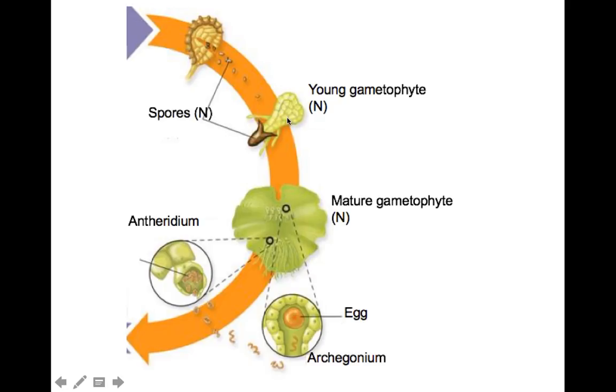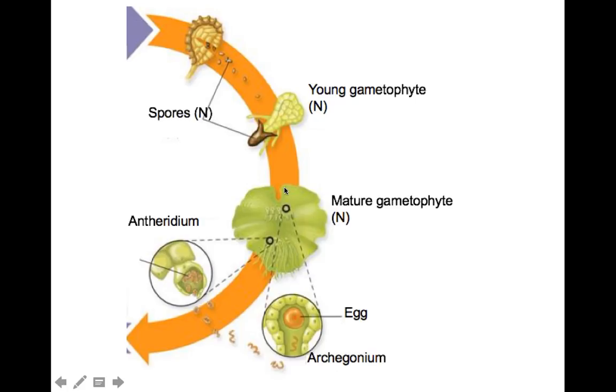This gametophyte is going to grow bigger and turn into a mature one that you see here. It kind of looks like a heart shape. These are really small compared to the sporophyte, the actual fern plant. They range anywhere from a centimeter to a couple of centimeters in diameter, so they're really small.